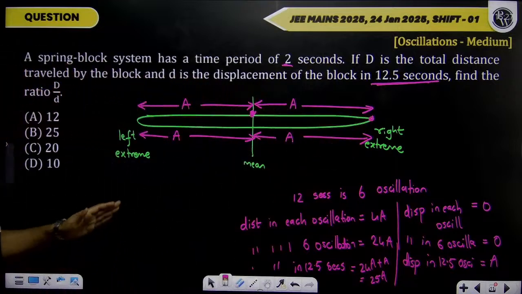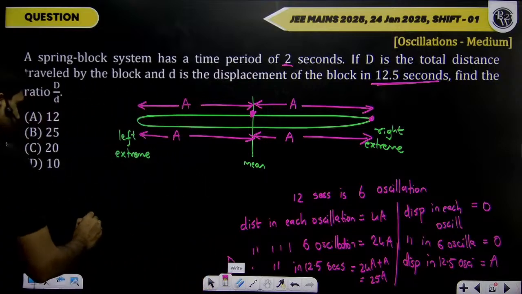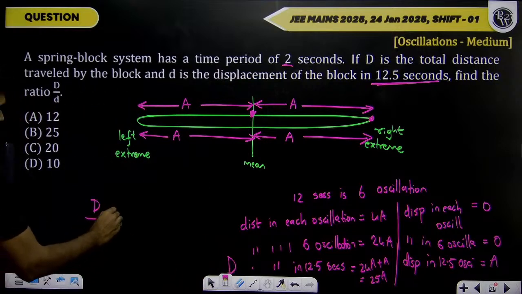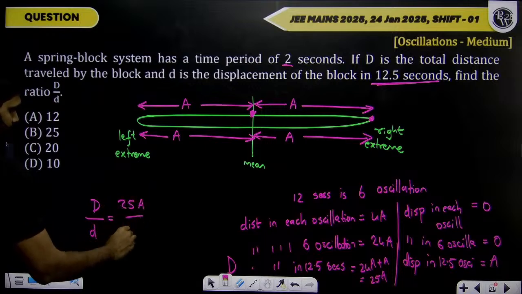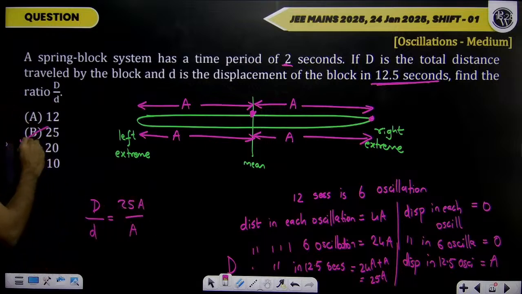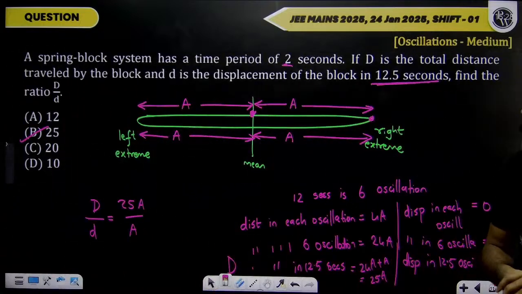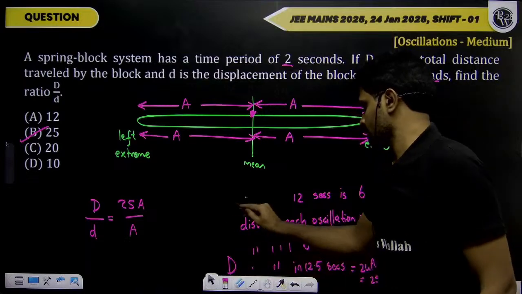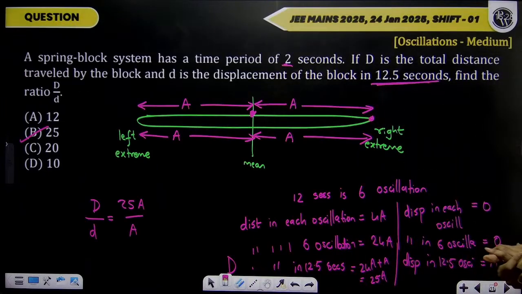They are asking the ratio of capital D by small d. So capital D is 25A, and capital D by small d is 25A by A. So the answer would be 25. Very simple.